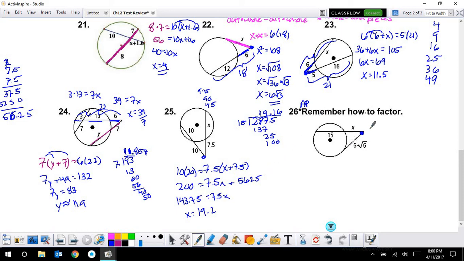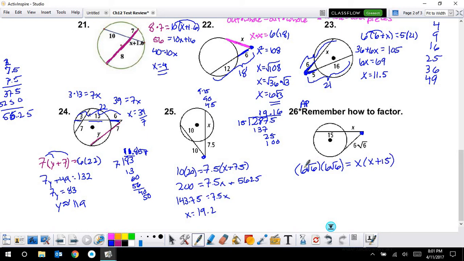Okay. Alright, so for 26, this one is for the pre-AP folks, or CB folks. You can go ahead and skip ahead to the next section. So we've got the outside and the whole is 6 root 6. So I'd have to multiply by itself there. Then the outside of the next piece is x, and the whole thing is x plus 15.